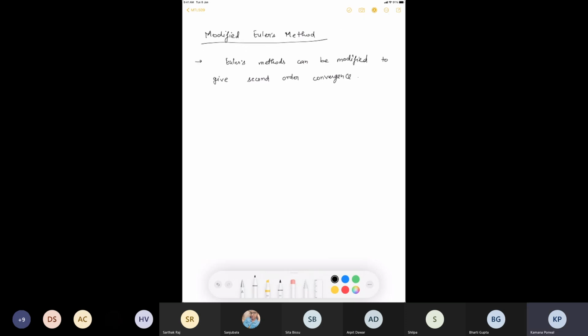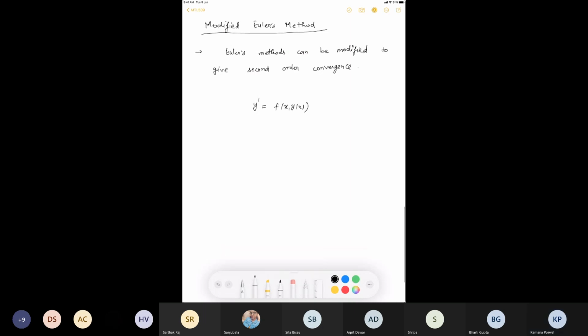So let's look back. What is the problem for which we are finding the approximate solution? We have this problem, y prime is equal to f of x, y. Here we are going to use the equivalence we have in terms of the integral equation.